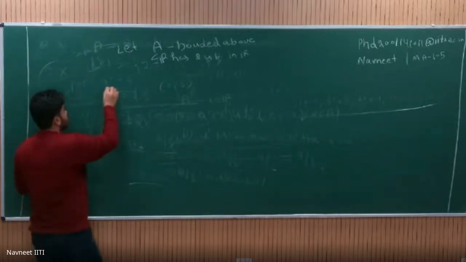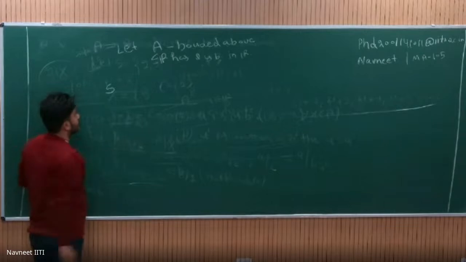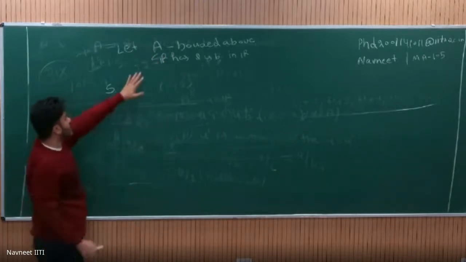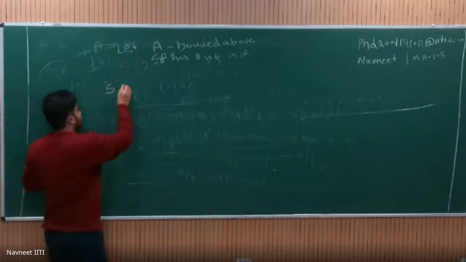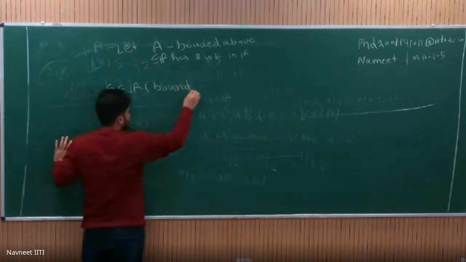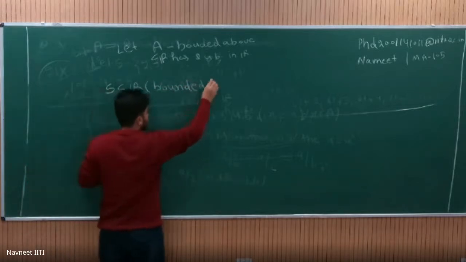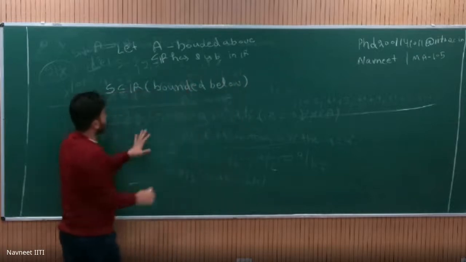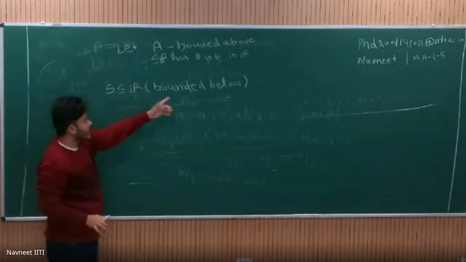Okay, let us define some set S. This is true for any subset of R which is bounded above. Okay, let S be a subset of R which is bounded below.